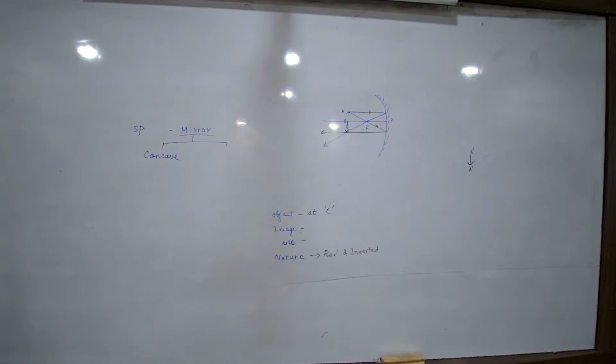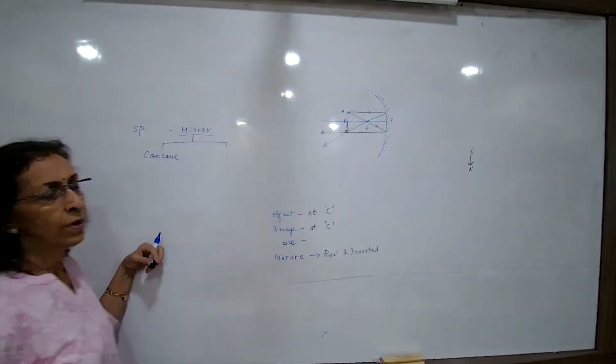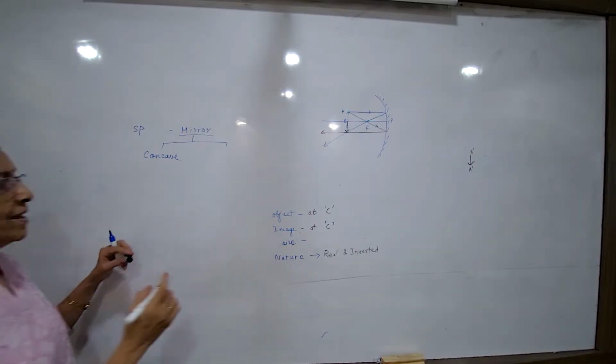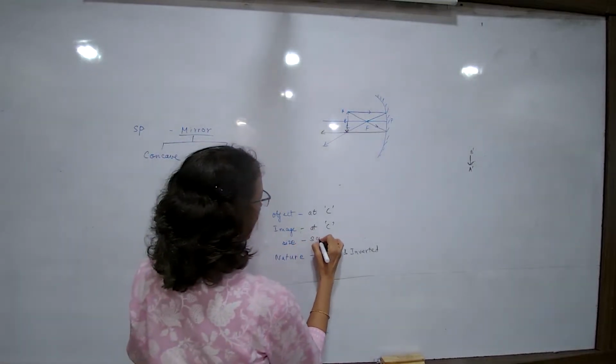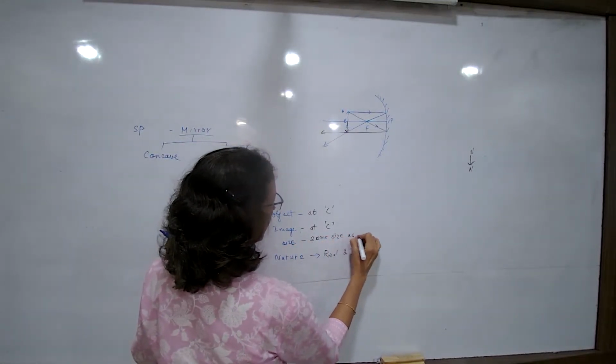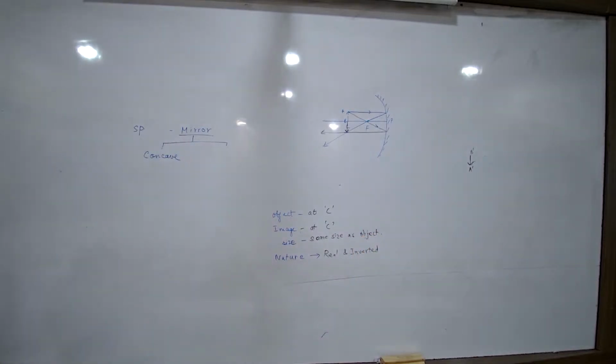So if you do it correctly, it will come at C. So the image will also be formed at C. What do you notice about the size? The size is the same, the same size as the object. And of course, it is real.